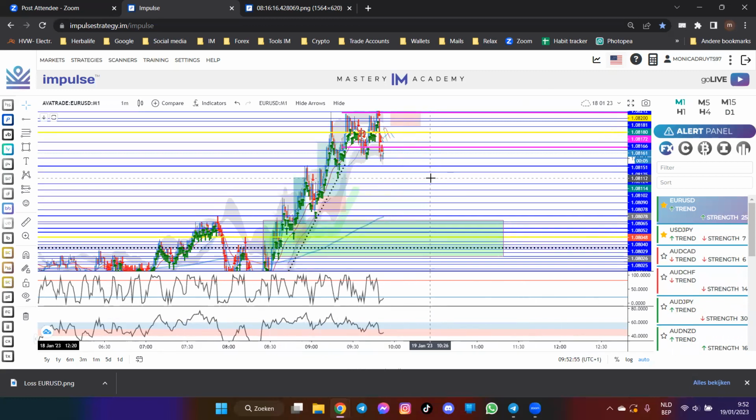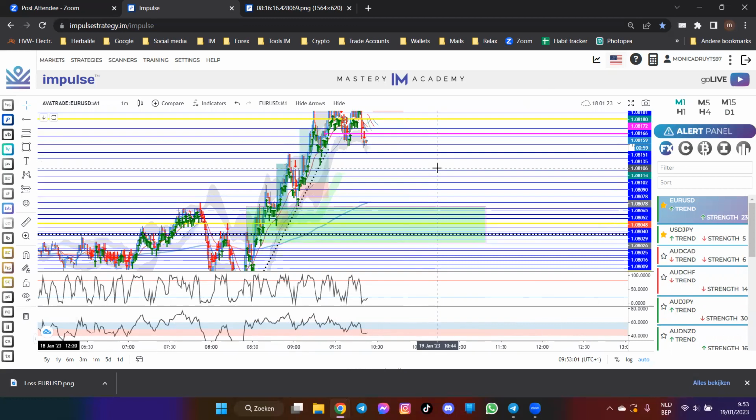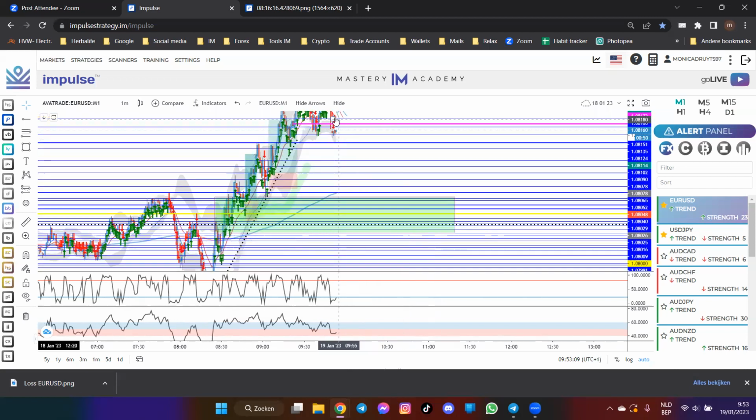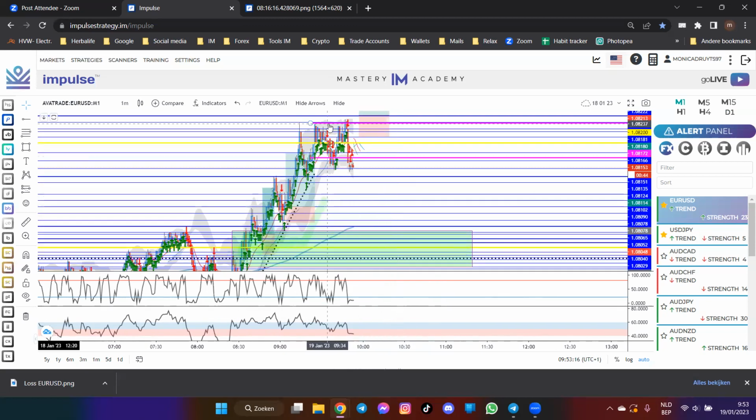We had a session before where I was convinced it was gonna go down, and then we happened to take trades up. I switched because I saw different things. So yes, that's possible. But overall, I think we're gonna go up because we have plenty of space to do so. It just wants to retrace and go up, in my opinion.